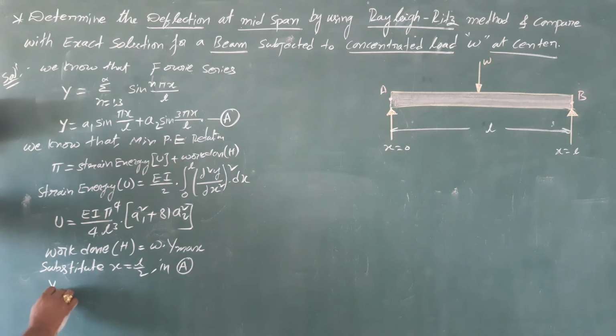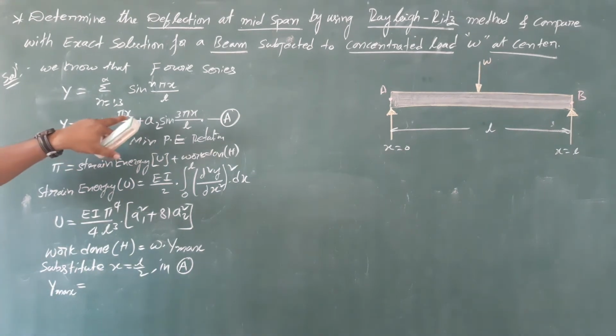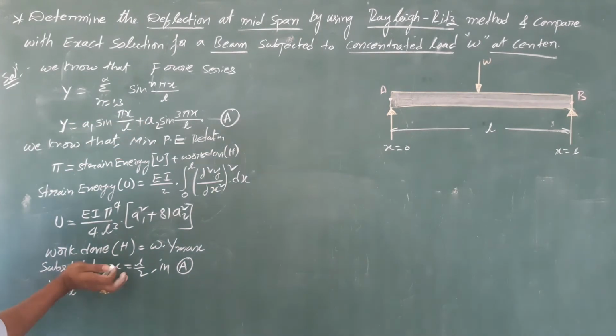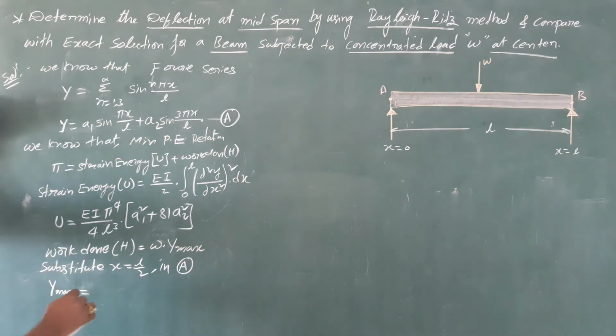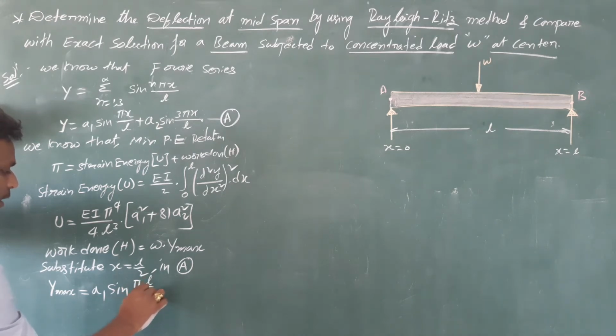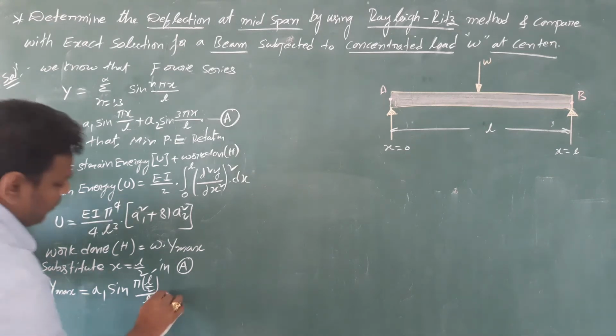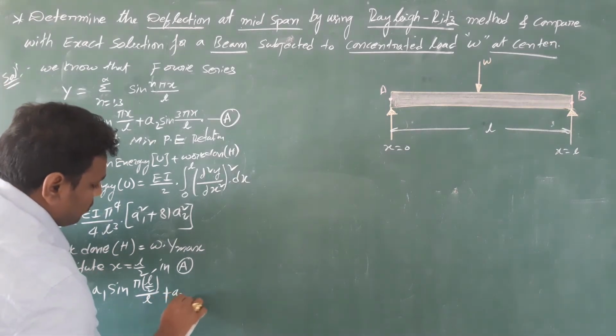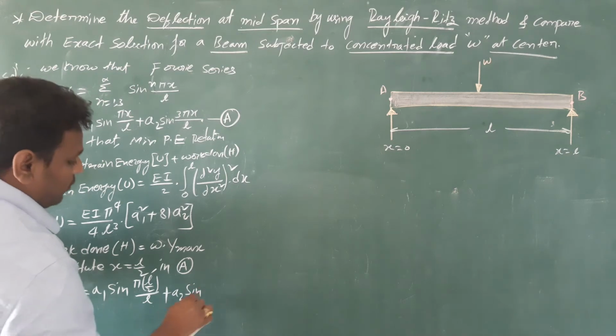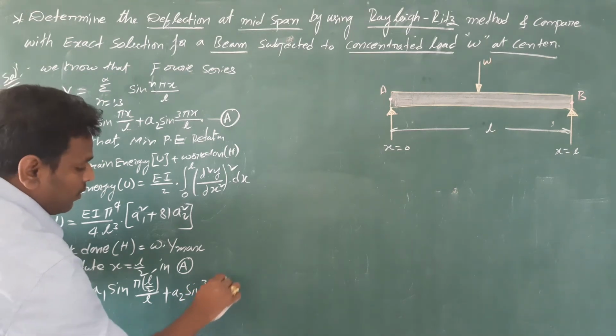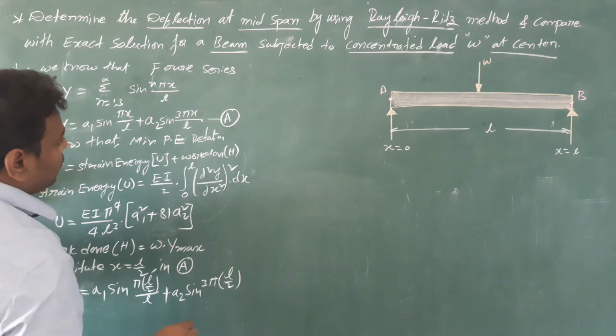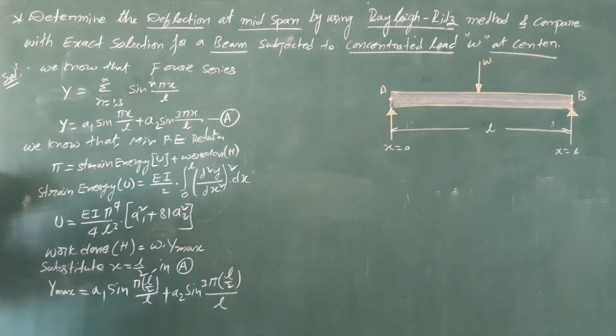Y max is equal to a1 sin(π·(L/2)/L) plus a2 sin(3π·(L/2)/L).